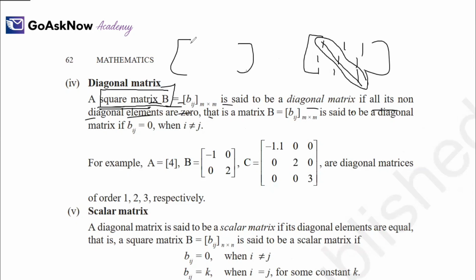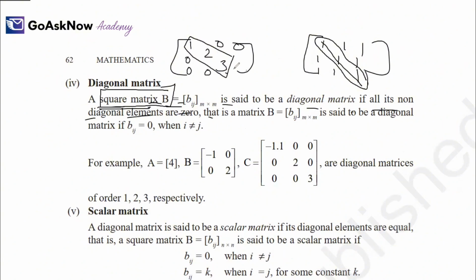As this is your diagonal only, 1, 2, 3, these should be filled by some elements. But if the other elements are zero, this is called a diagonal matrix. So this element should be 0, 0, 0, 0, 0, 0.